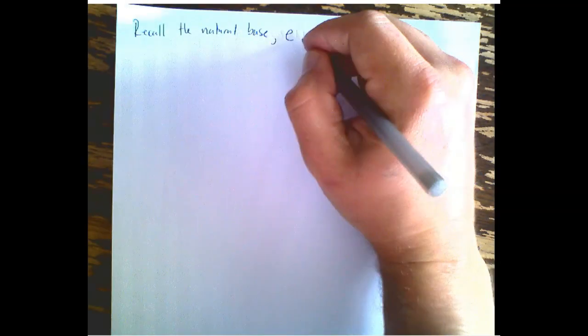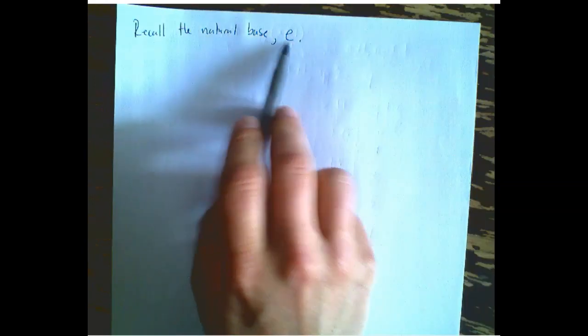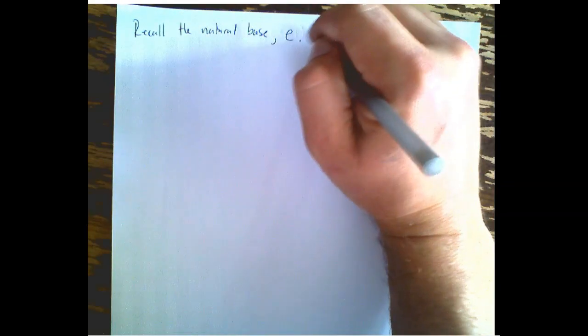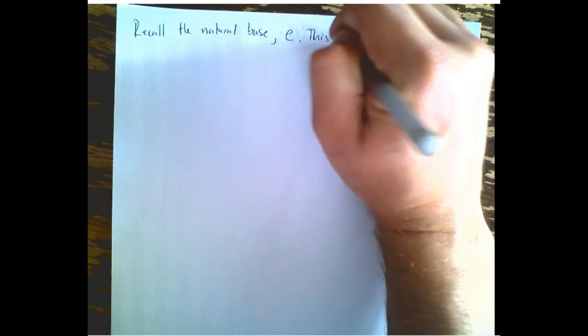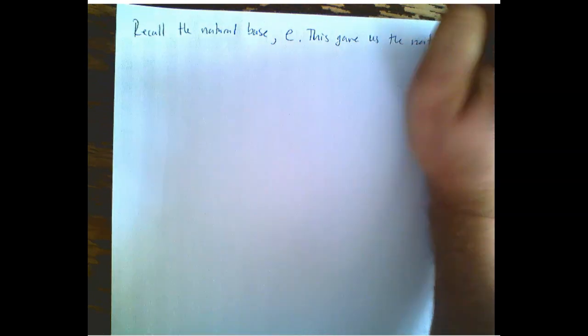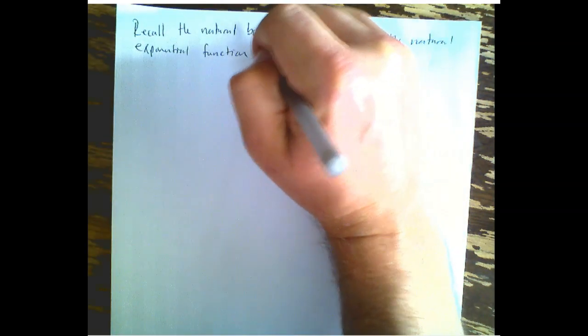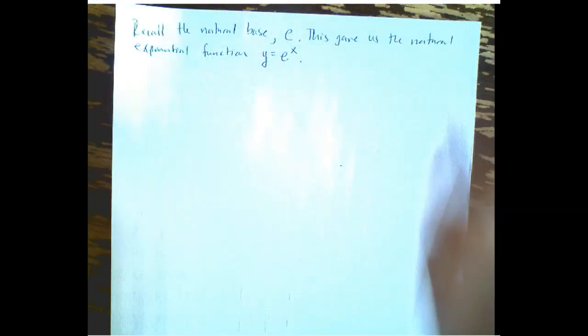Now recall that from last lecture we had a special base for our exponential. Recall the natural base e. So the natural base is e here. This gave us the natural exponential function y equals e to the x, right?